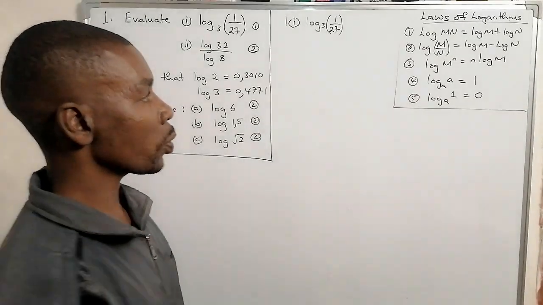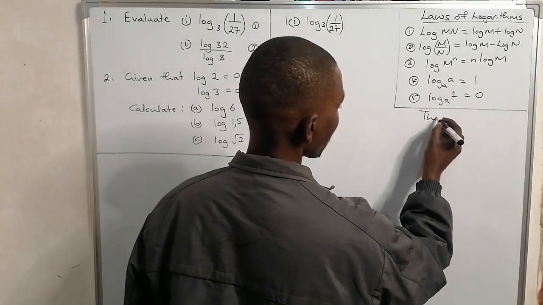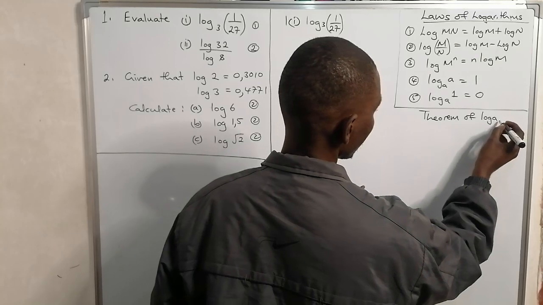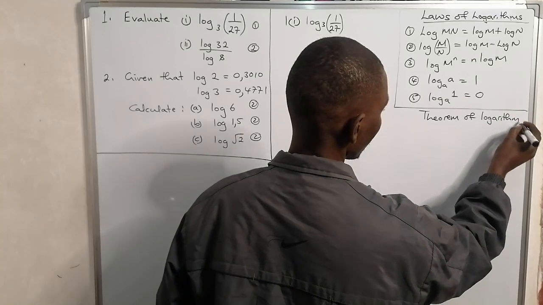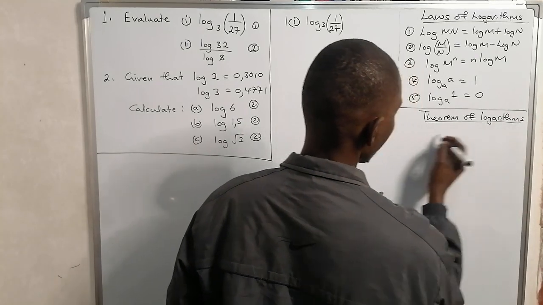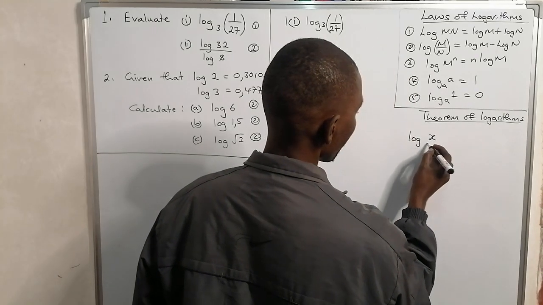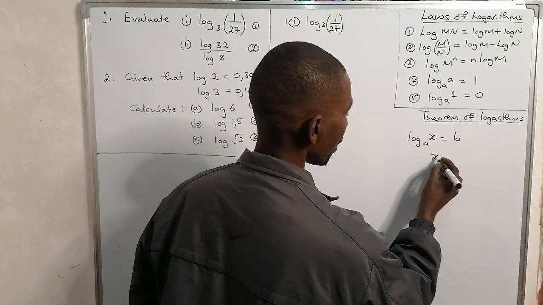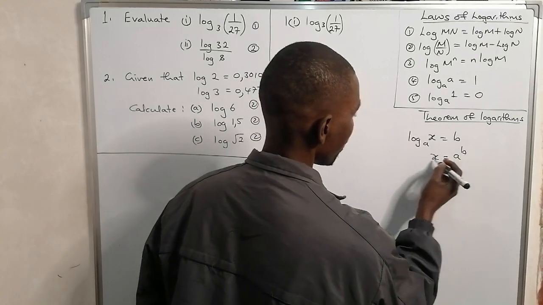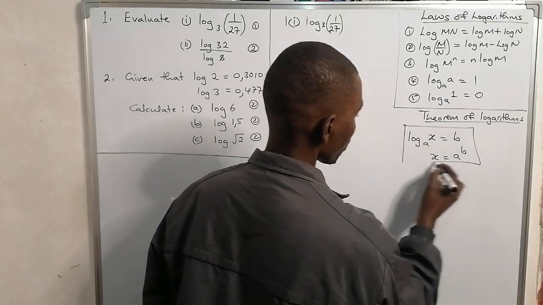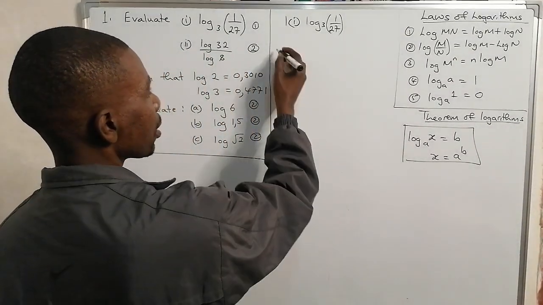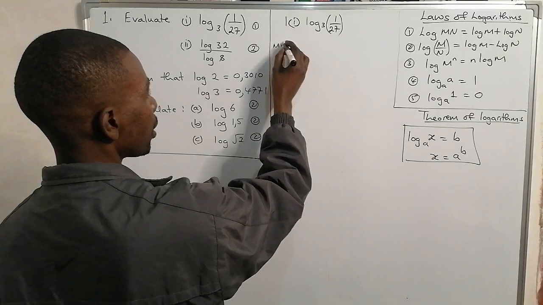Second method, we can use the theorem of logarithms, which states that log x base a equals b. To remove this logarithm, we say x equals a to the power b. So this is used when solving equations with logarithms.